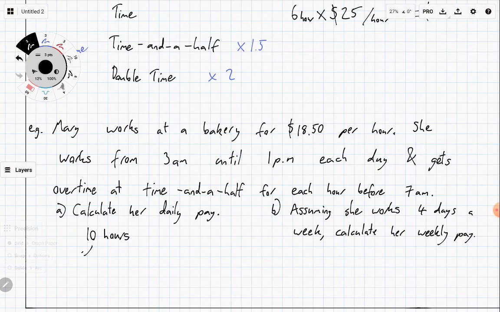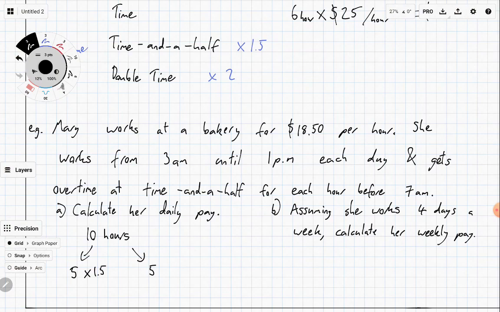One is getting time and a half, and that's from the hours of 3 a.m. until 8 a.m. So that'd be 4, 5, 6, 7, 8. So it's going to be 5 of the hours are at time and a half, while the other 5 hours are just at the standard rate.